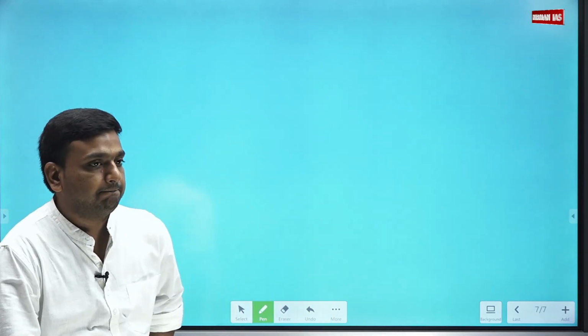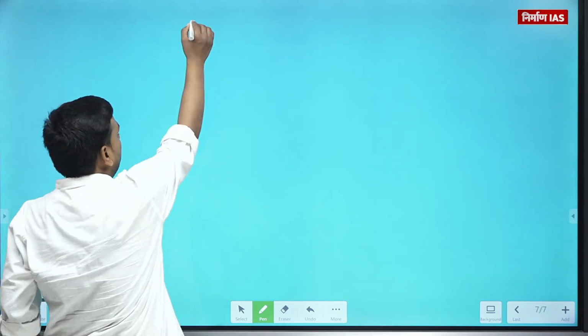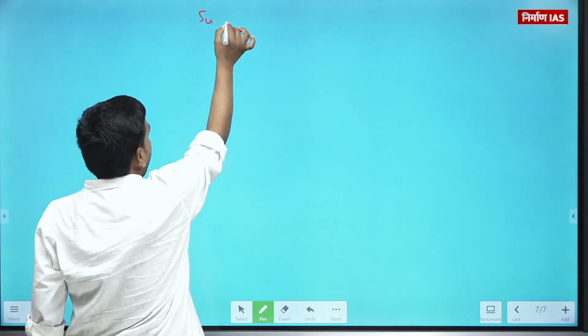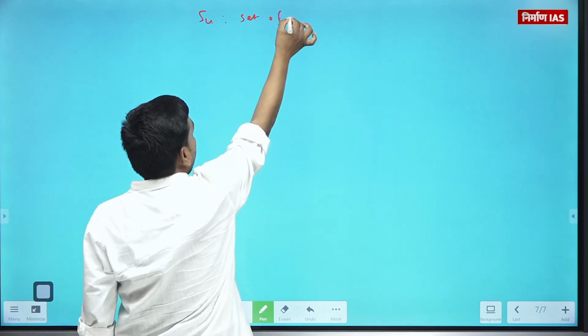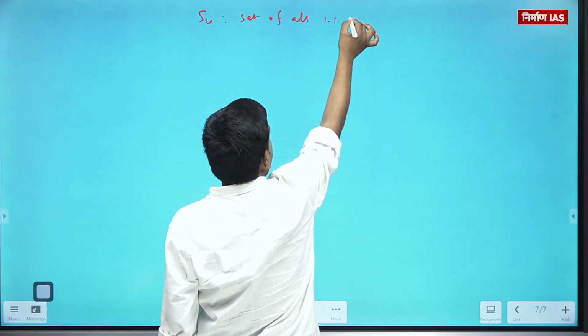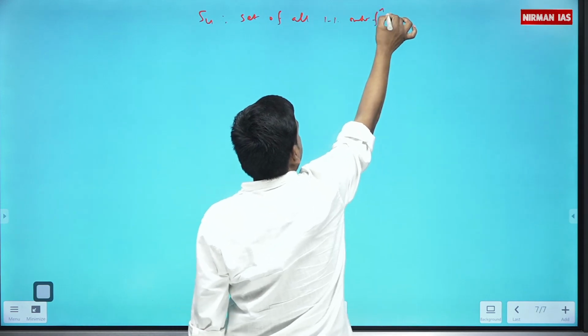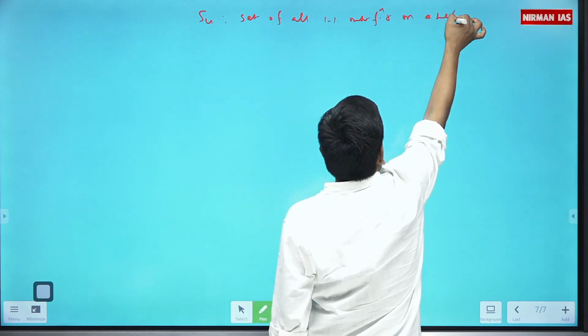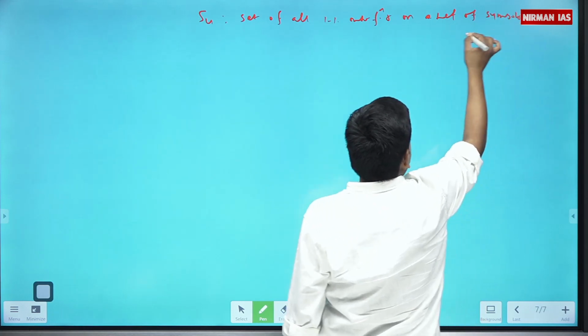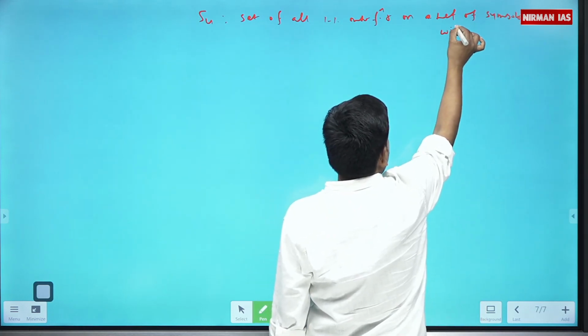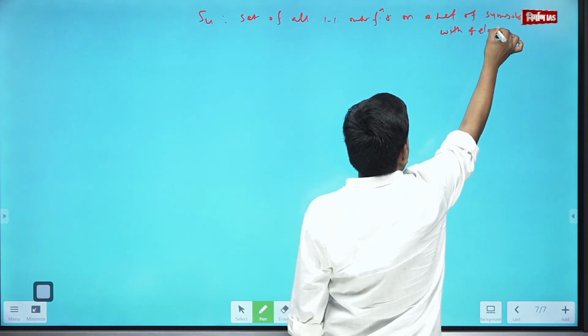So now let's move on to S4. So S4 will be what? Set of all, एक बार और लिख देता हूं, फिर 1 on 2 functions on a set of symbols with 4 elements.